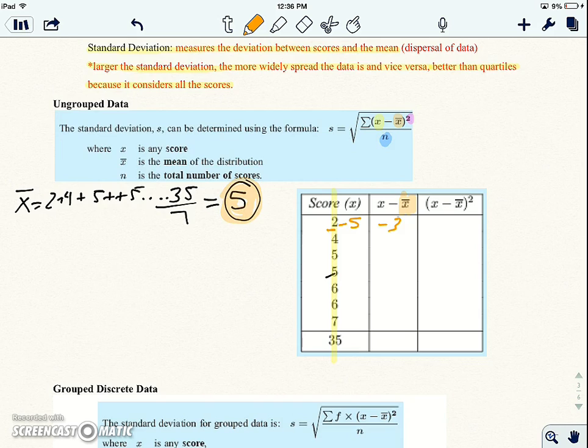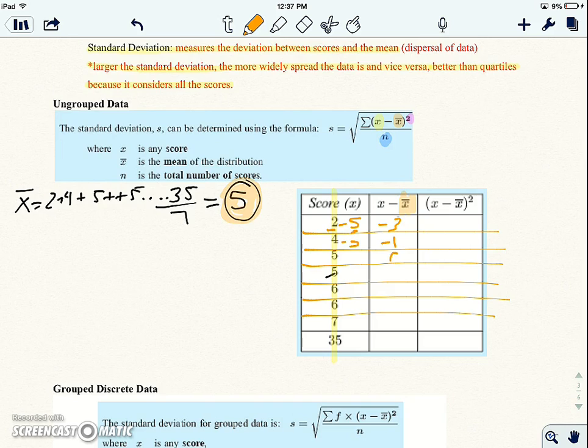That means that this score is 3 below the average. 4 minus 5 is negative 1. If we would do them all, 5 minus 5 is 0, 0, positive 1, and 2.